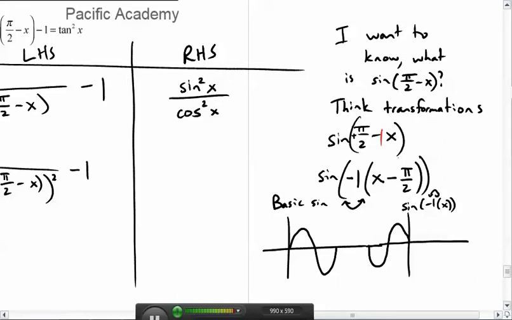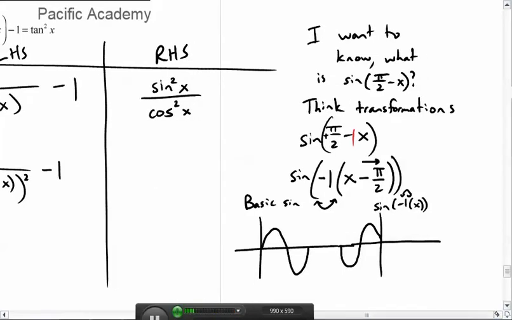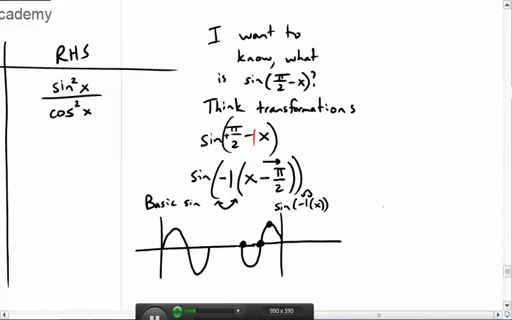The minus pi over 2 is going to move my sine function to the right 90 degrees, or pi over 2. So this is 360 at the end, 180 is halfway, and 90 is 1/4 of the way through. So if I do sine of negative 1 x minus pi over 2, I'm taking that graph and translating it 90 degrees to the right.